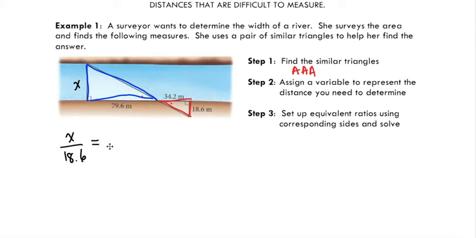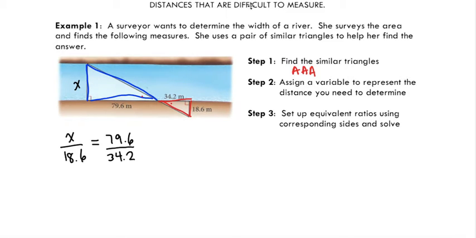And then I'm going to set that equal to the 2 other sides that I know the measurements for. So in this larger triangle, I know the base is 79.6. And in the smaller triangle, I know the base is 34.2.